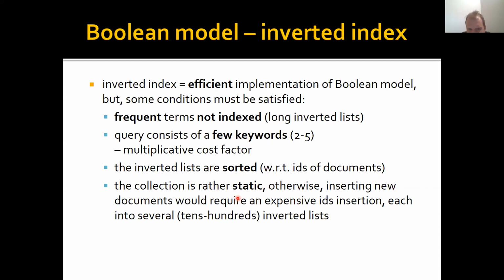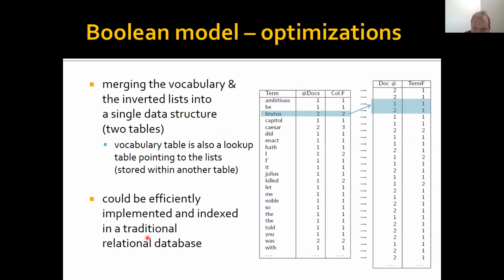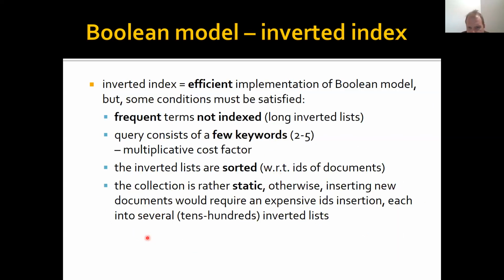And as I said, if the collection is static, then it's easy to search the inverted list. Otherwise, we need to solve the insertions of new documents, which could be really expensive if done using this relational database method. But if it fits in memory, then it's no problem. We have dynamic lists, normally using pointers, allocations, and so on. So there is no problem.